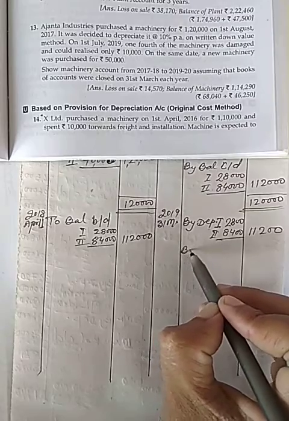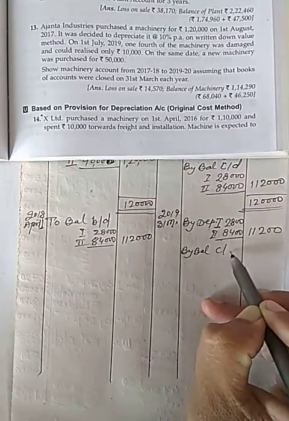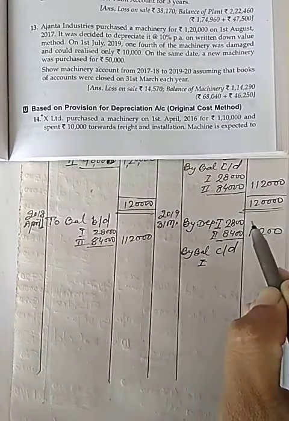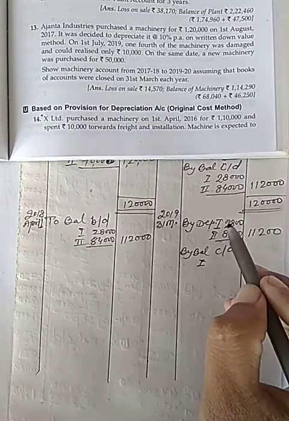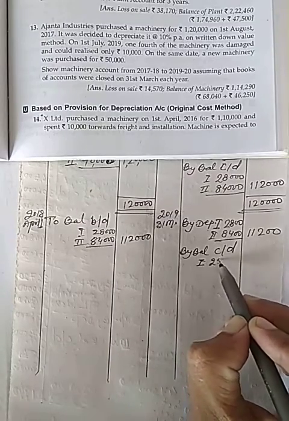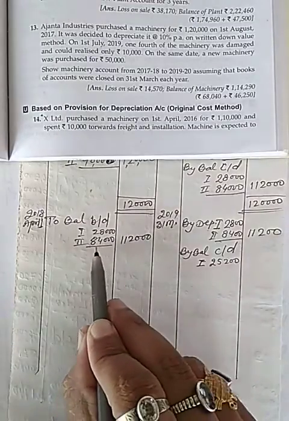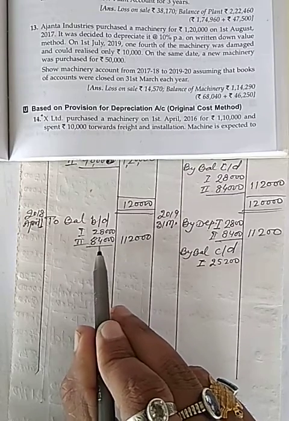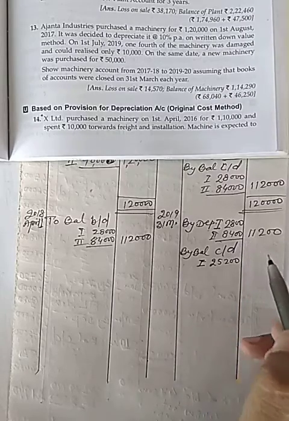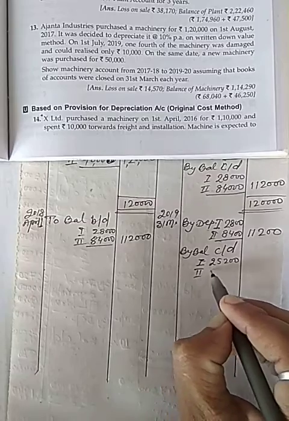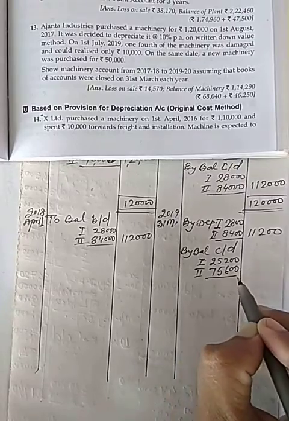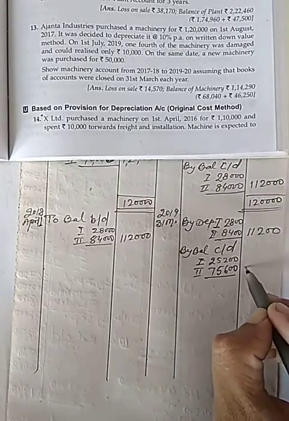Now by balance c/d will be on first part 28,000 minus 2,800, and remaining balance will be 25,200, and on second part 84,000 minus 8,400, so it will remain 75,600.